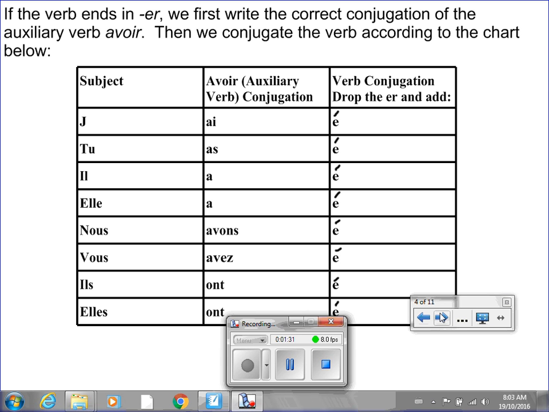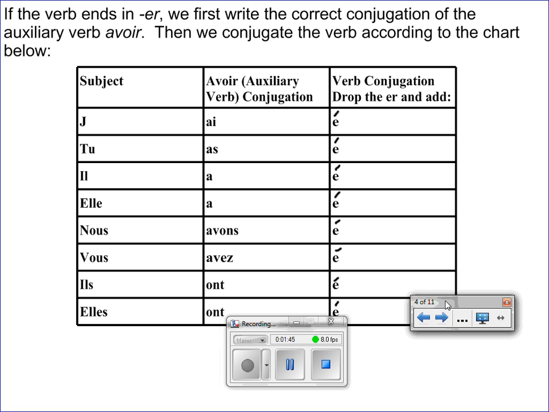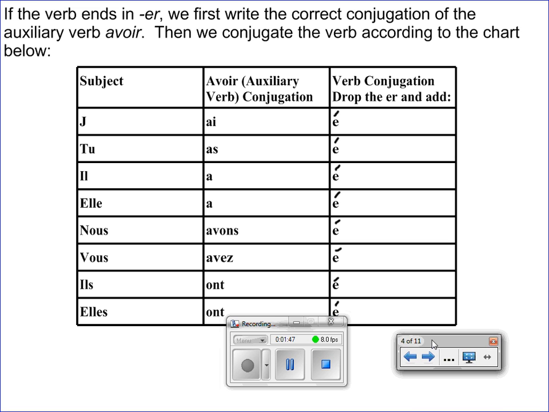If the verb ends in er, we first write the correct conjugation of the auxiliary verb avoir. Then we conjugate the verb according to the chart below. So let's take a closer look at this slide. We start off with our subject, starting with j'ai apostrophe for je, all the way down to elles.